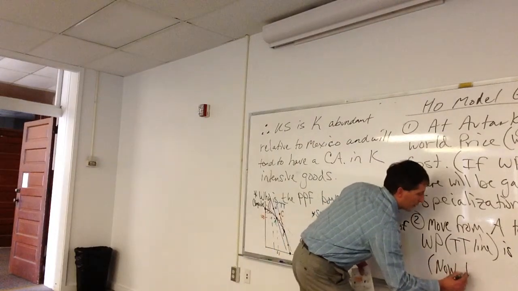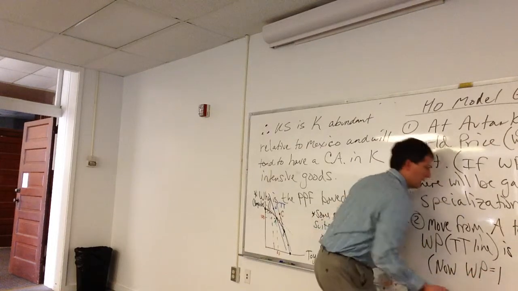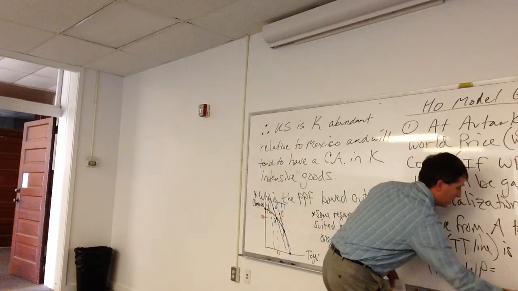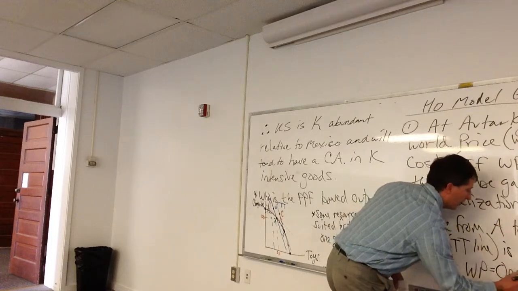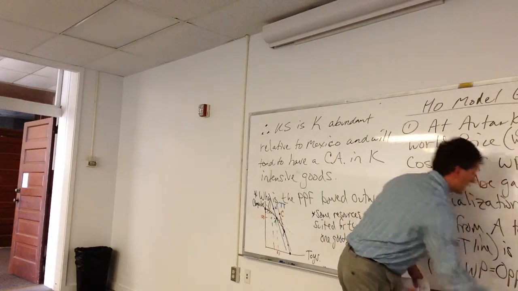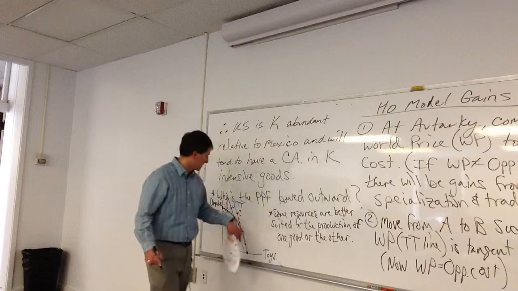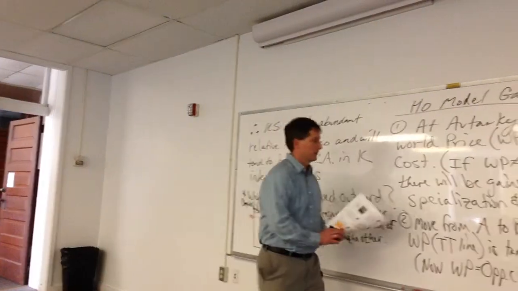Now, world price equals opportunity cost. And we've exhausted all of the potential gains from trade at that point, which is our point B.